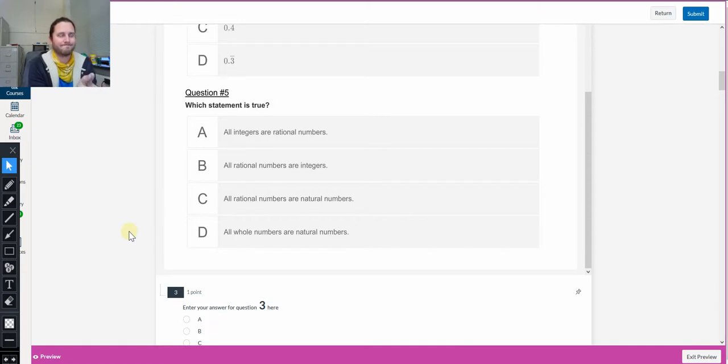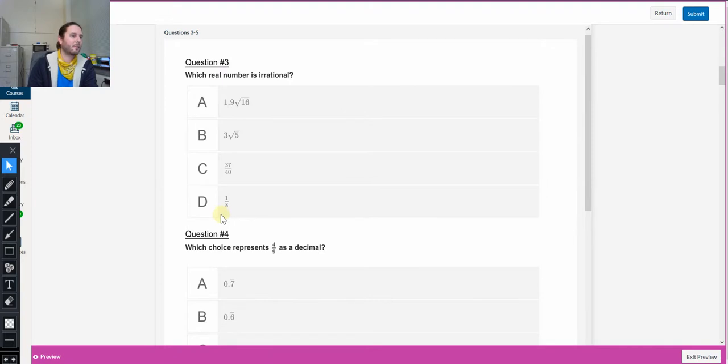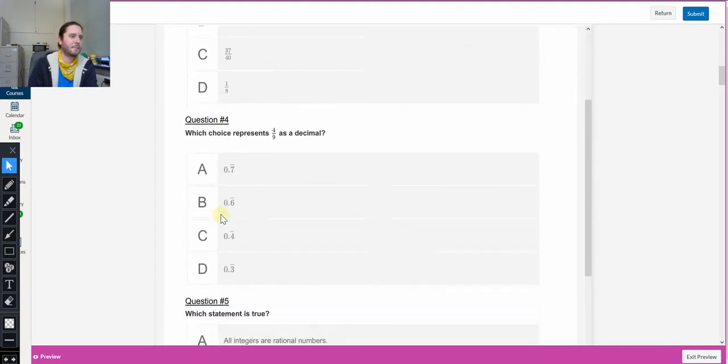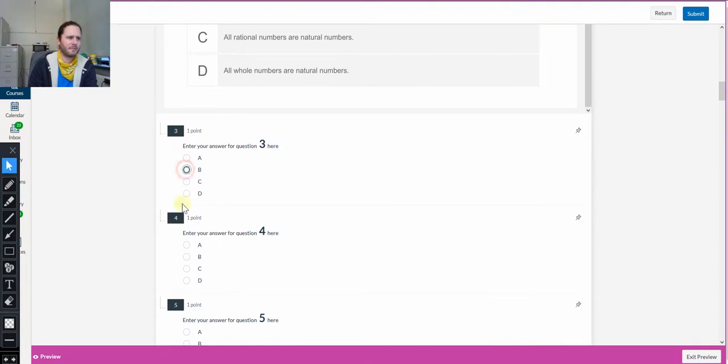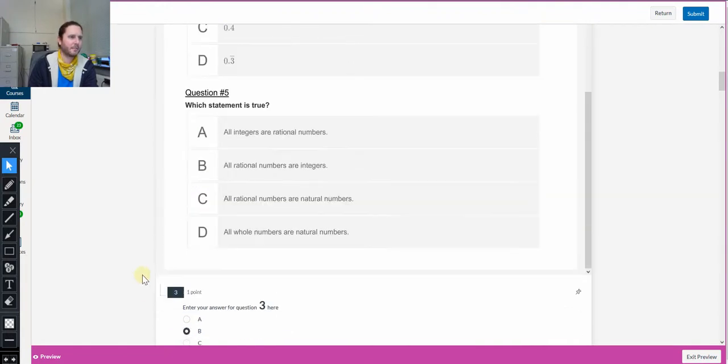Rational numbers, you don't really count those. And all whole numbers are natural numbers. Almost. 0 is a whole number, but not a natural number. So, number 5, the answer would be A. So going back, 3 is B, 4 is C, 5 is A. What did I say? B, C, and A, I think, is what I just said.